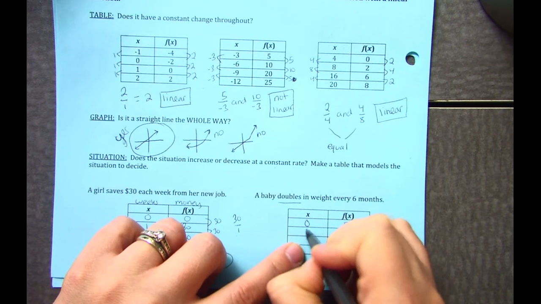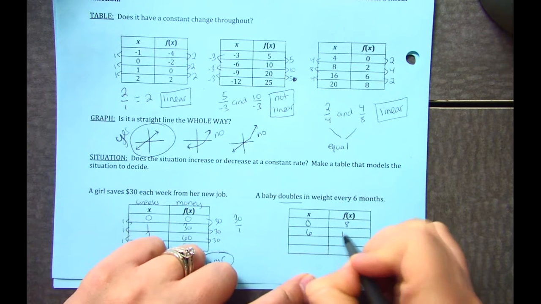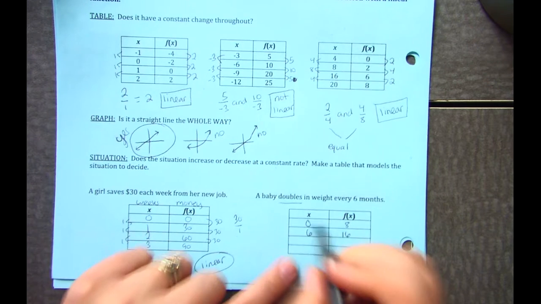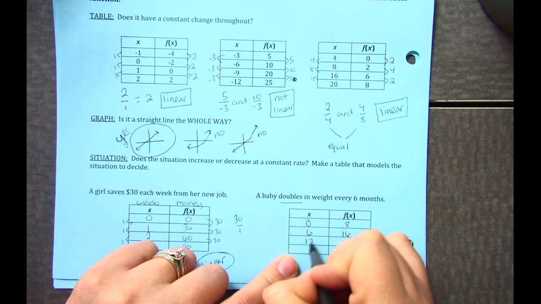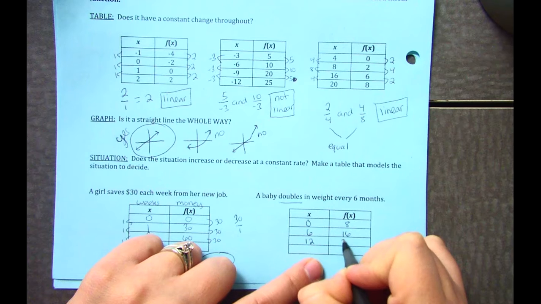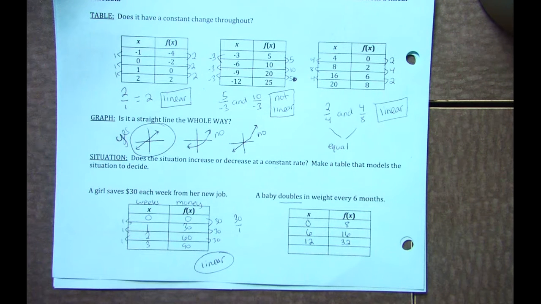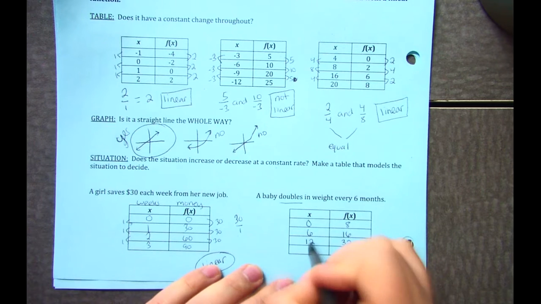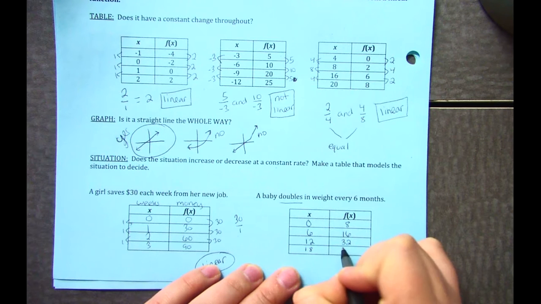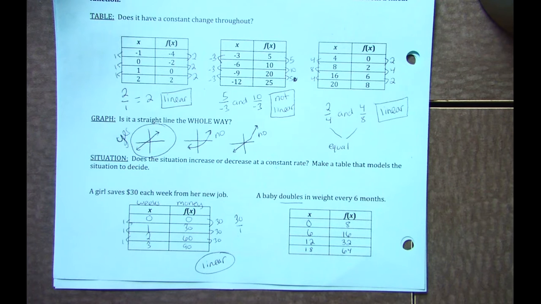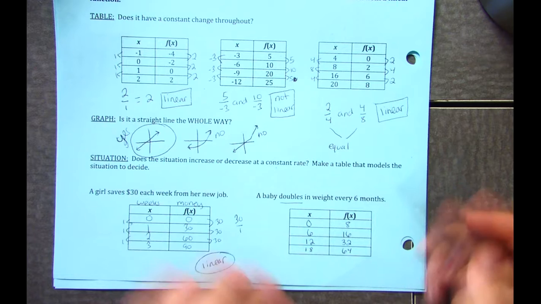After 6 months, the baby would be 16 pounds because his weight doubled. After 12 months, his weight would be 32 pounds because his weight is doubling. After 18 months, his weight would be 64 pounds. Now, first of all, this table is quickly becoming not accurate.